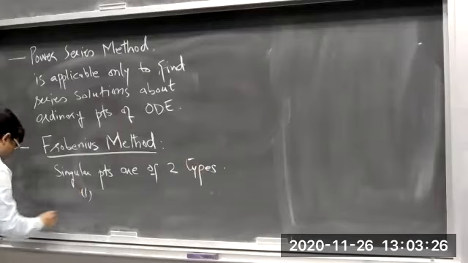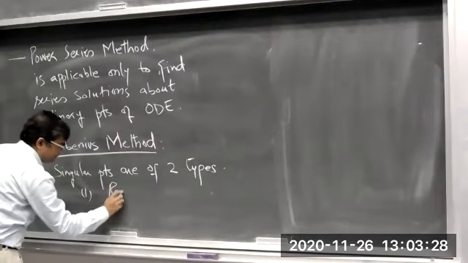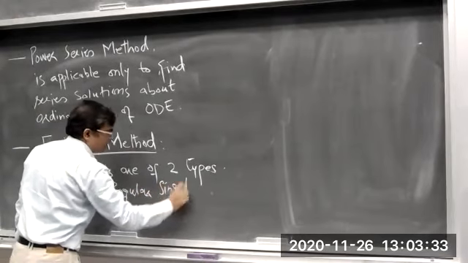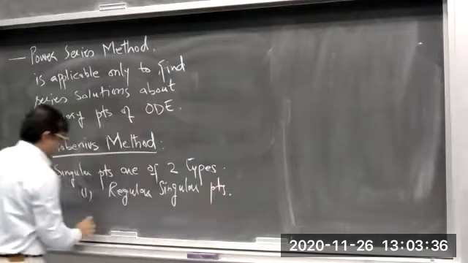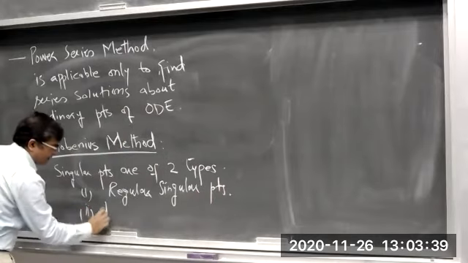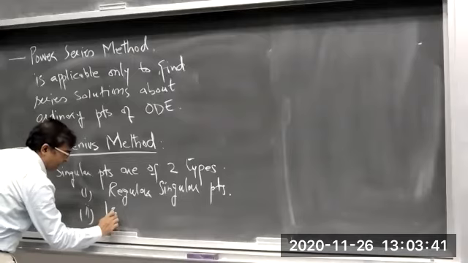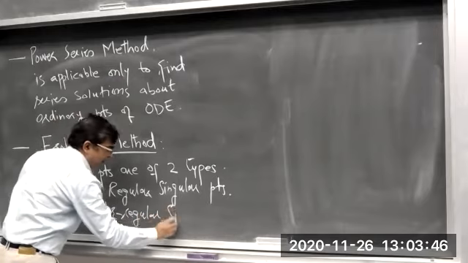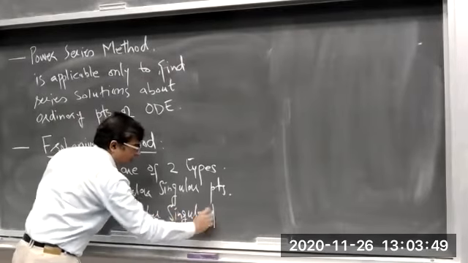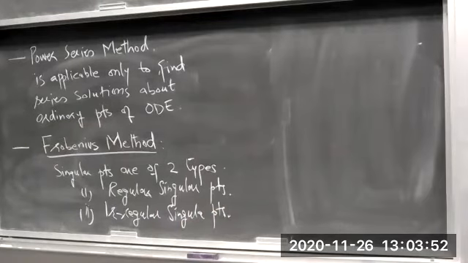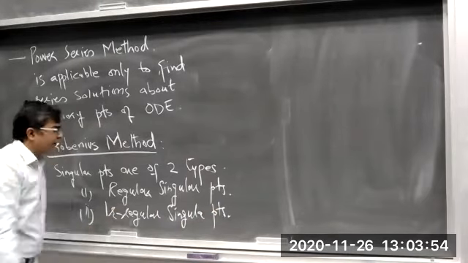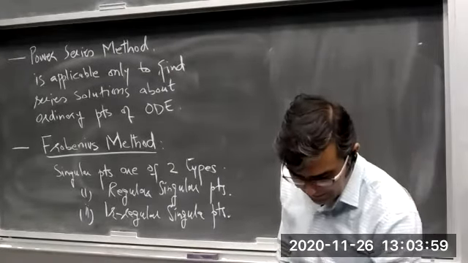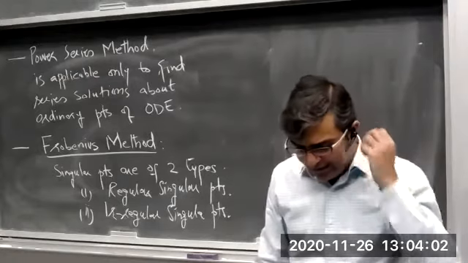Number one is regular singular points, and the second is irregular singular points. What are these regular and irregular singular points, and how to differentiate between regular or irregular singular points?